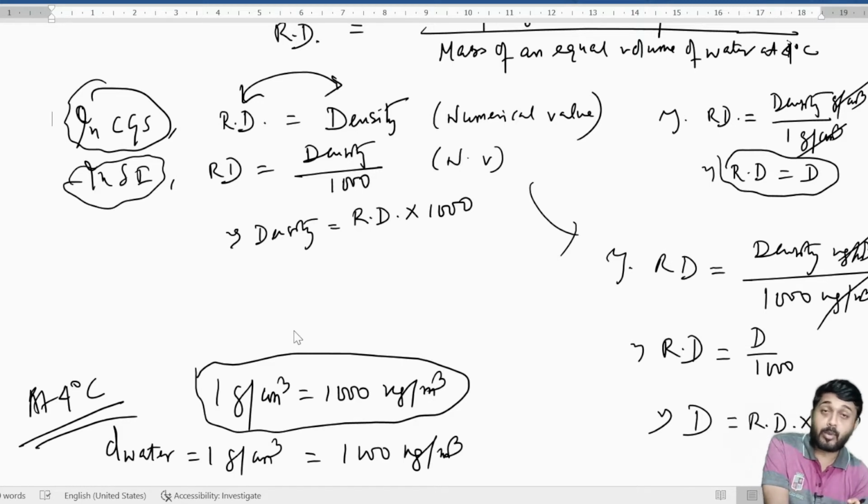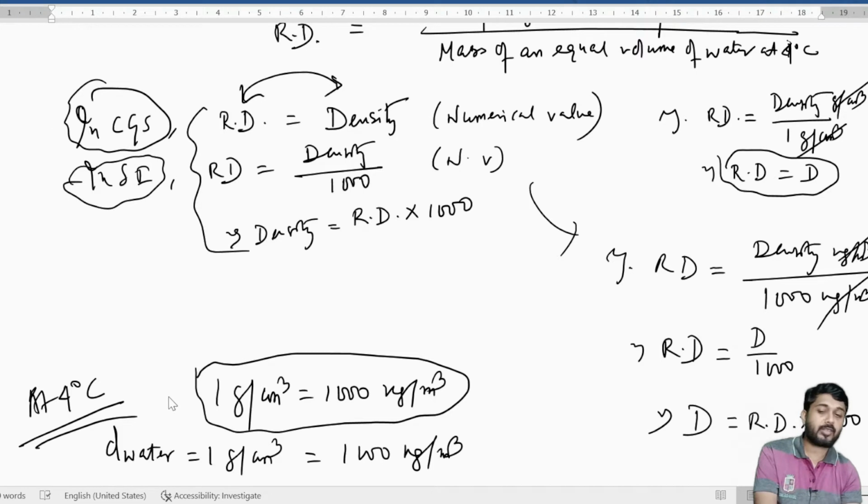So this is one important type of question which does come in examination, that prove that the CGS value of density of a substance is same as the relative density of the substance, but the SI value of density of a substance is 1000 times the relative density of the substance. A question like that is quite an important one. From this concept you may explain and answer the question.